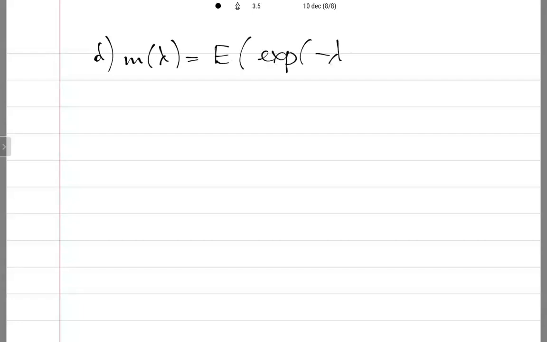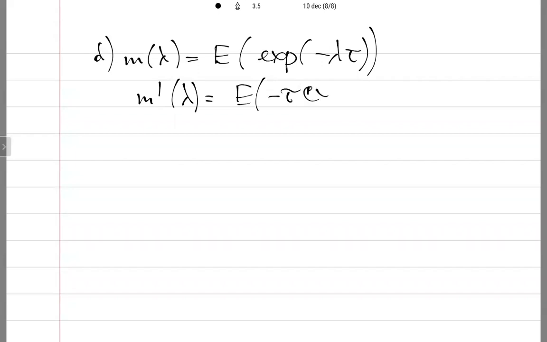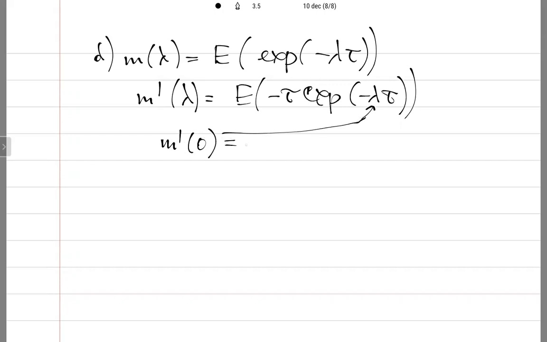Okay. But what is the meaning? What is the meaning of m of lambda? It's the expected value of exponent minus lambda tau. If I take the derivative, it's minus tau exponent of minus lambda tau. If I put 0 instead of lambda, I will have the expected value of minus tau.